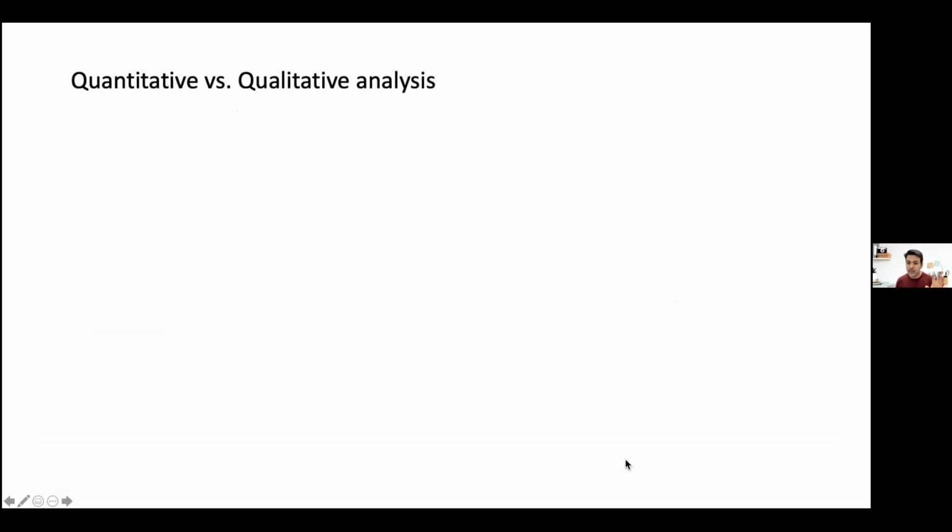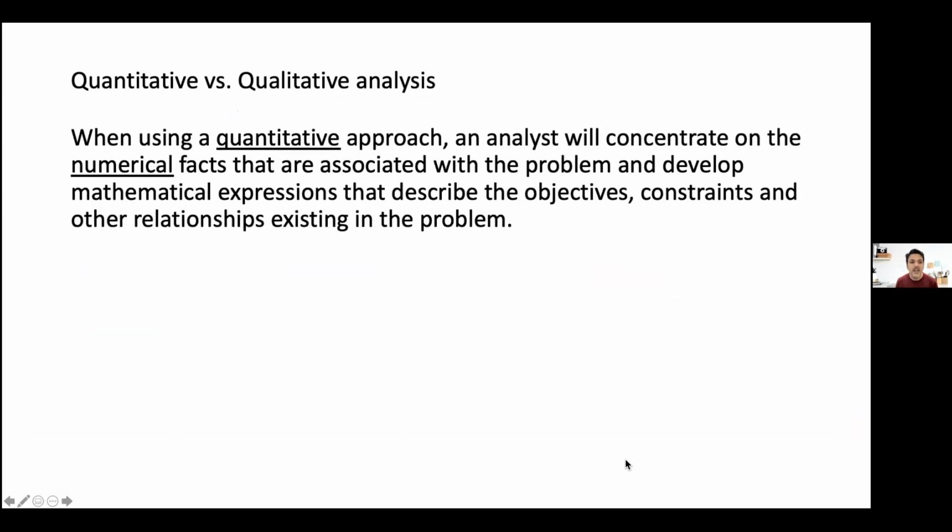Quantitative versus qualitative analysis. Quantity versus quality. We use the term quantitative approach when we're dealing with numbers. If you can explain something in numbers, that would be quantitative.